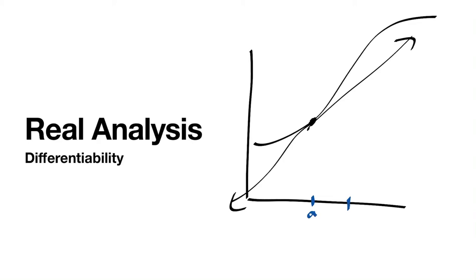Then we move over a little bit, and we call this a plus h. And that gives us a second value here, which is close to the value in our function. The values of the function are f of a and f of a plus h.